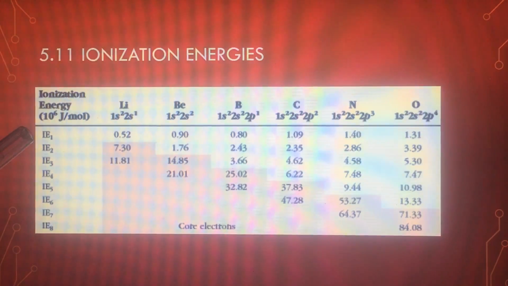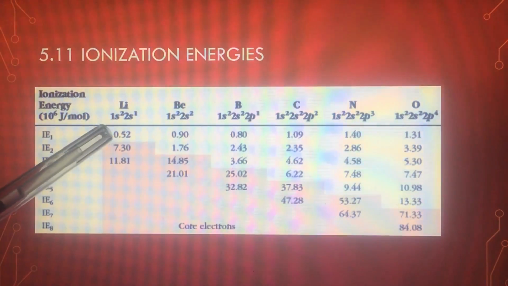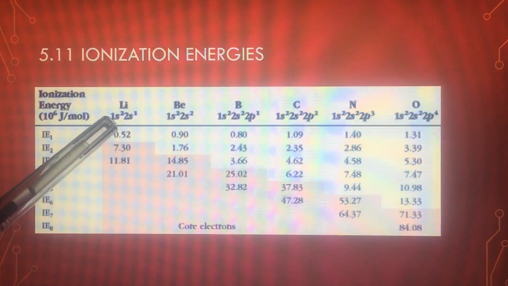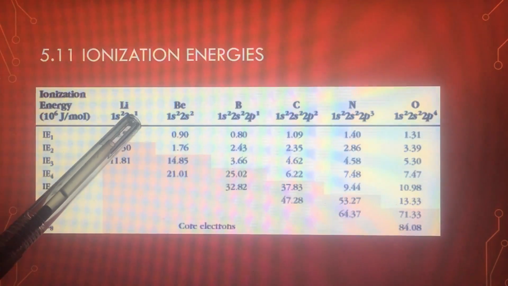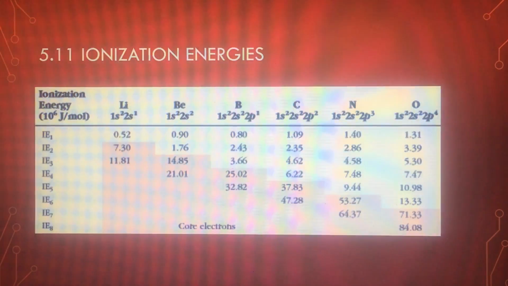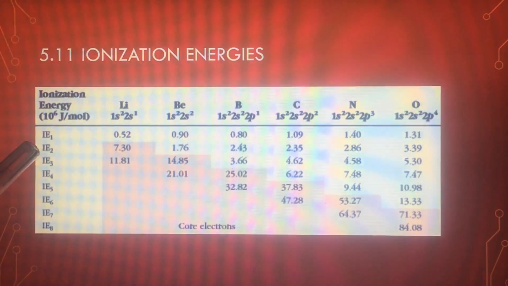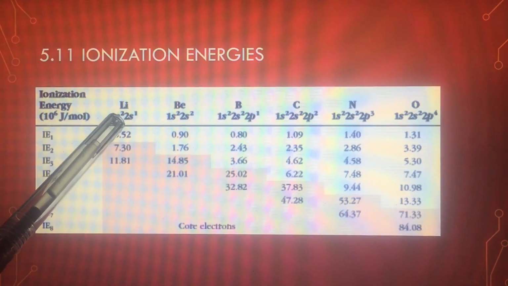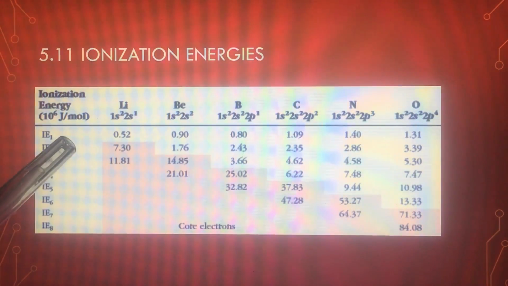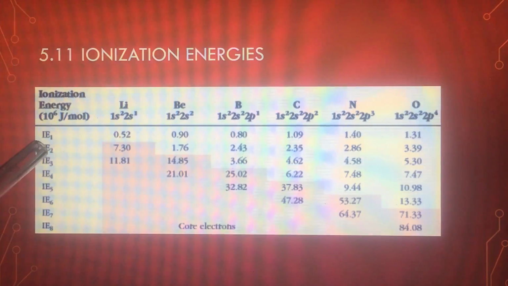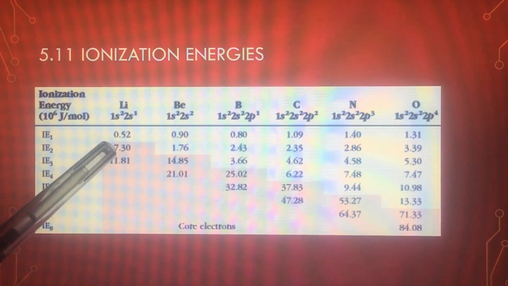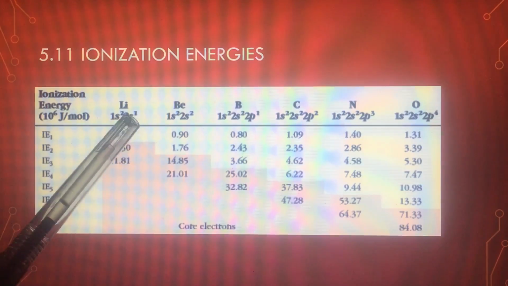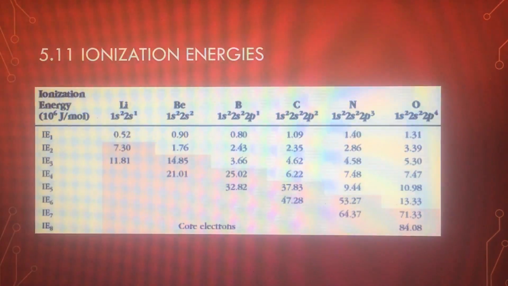The first ionization energy is required to remove this first electron. The second ionization energy is required to remove this electron from the 1s1. Take note, the second ionization energy is applied after the removal of the first electron.